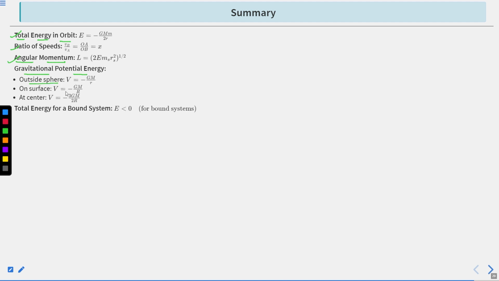On the surface, V equals minus GM divided by R. And at the center, V equals minus 3GM divided by 2R. So this is the gravitational potential energy. And last, total energy for a bound system is less than or equal to 0. So we covered these topics.